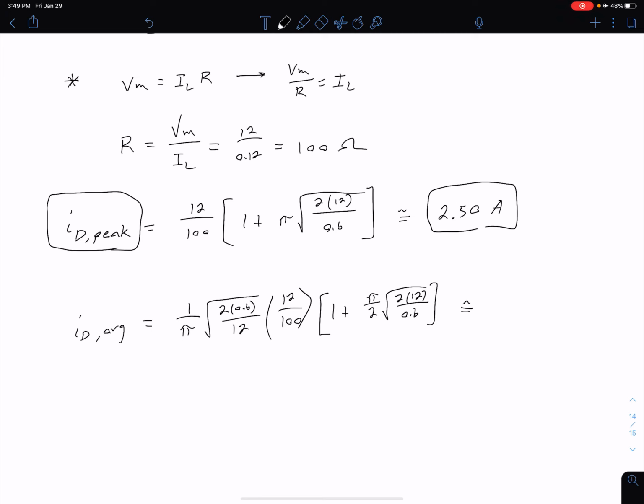Plugging all of that in, we get approximately 0.132. If you left everything in volts, ohms, this will be amps, and of course we can write that as 132 milliamps as well.